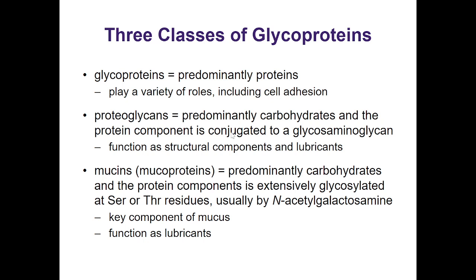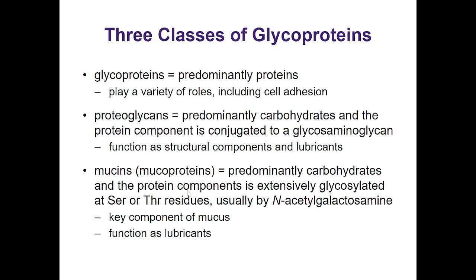Mucins, mucoproteins being the full name of it, by the way. I personally think mucoprotein is easier to say. Mucins is kind of a weird name. Predominantly carbohydrates, and the protein component is extensively glycosylated at the SER or THR residues, usually by N-acetyl galactosamine.